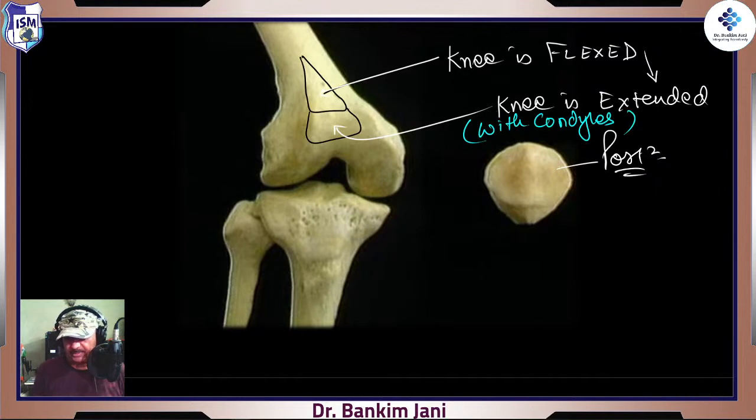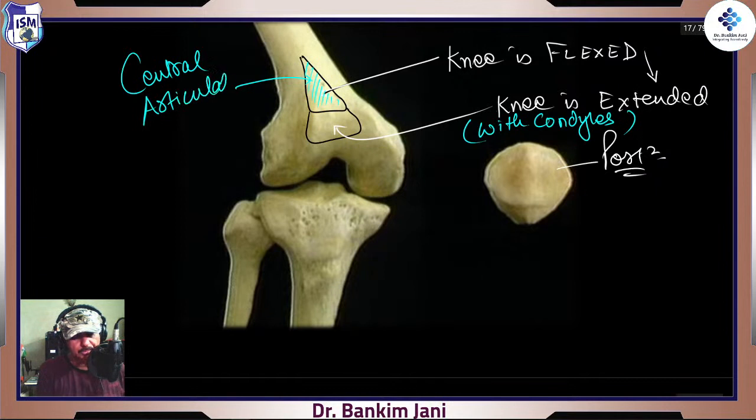And when the knee is flexed, this above area, right, which I'm marking like this, is also called the central articular area. So we can write it like central articular area, right?